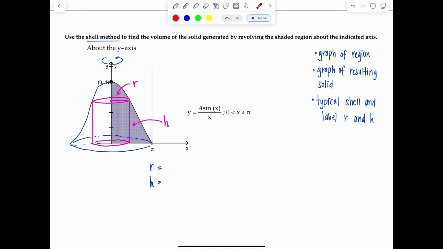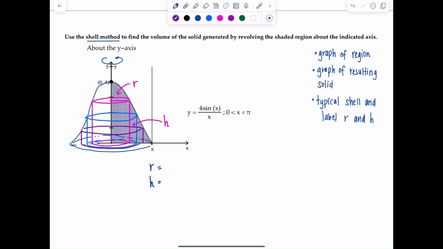I'm only going to draw one shell for the problem, but you could draw more. You could draw another one over here. Here's another cylindrical shell, etc. And you can see that they are getting layered, or they're moving in the x direction. Can you see that?